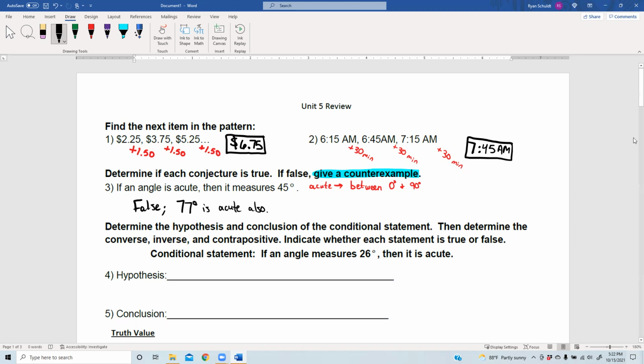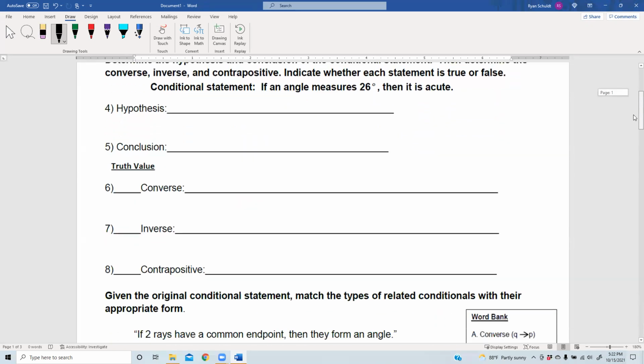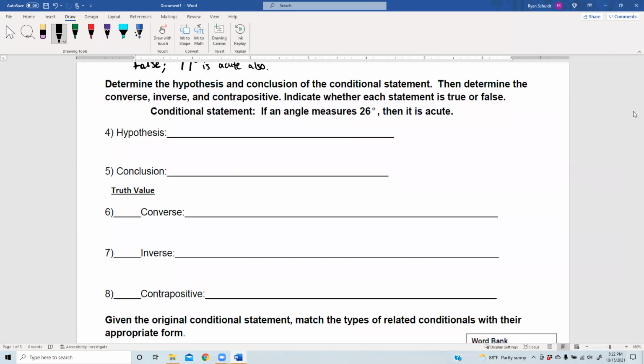So for the next several questions, we're going to be dealing with this conditional statement: if an angle measures 26 degrees, then it is acute. First, we have to get our hypothesis. Remember, the word if signals your hypothesis is coming up.